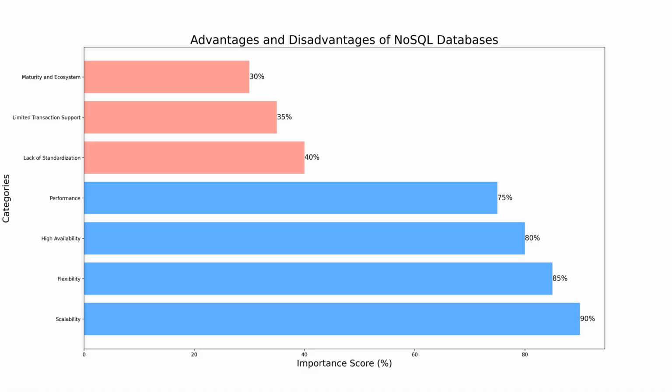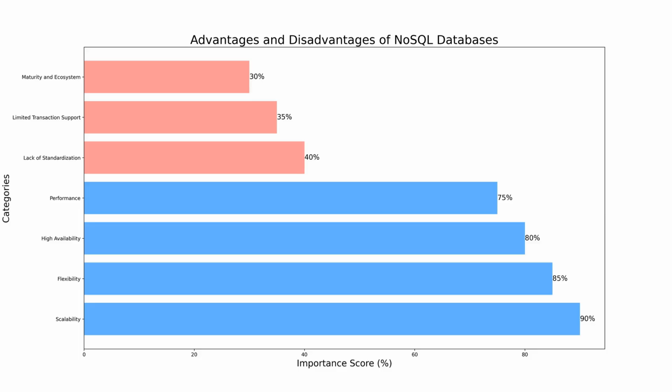In contrast, the bottom 3 bars, showing lack of standardization at 40%, limited transaction support at 35%, and maturity and ecosystem at 30%, are noticeably shorter and displayed in a different color. This choice makes it crystal clear that these are the primary weaknesses.